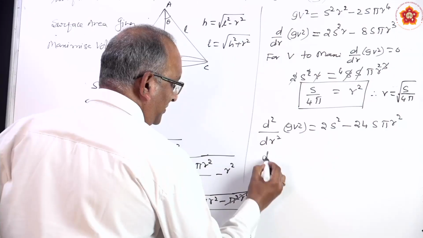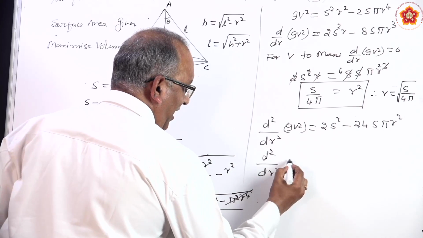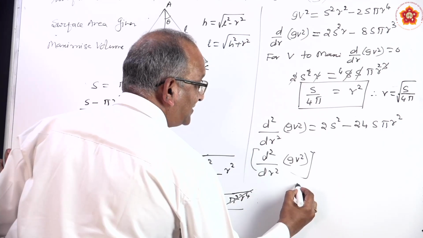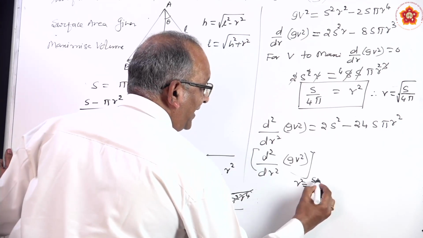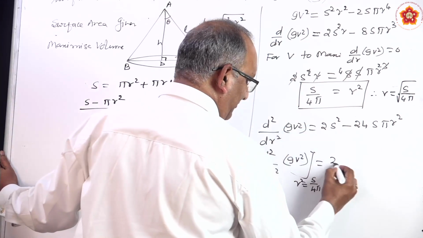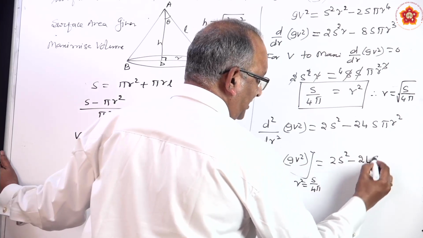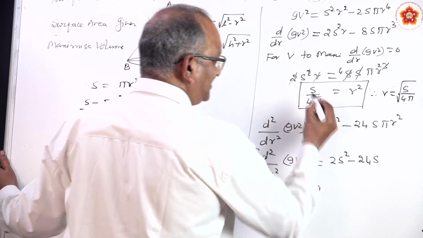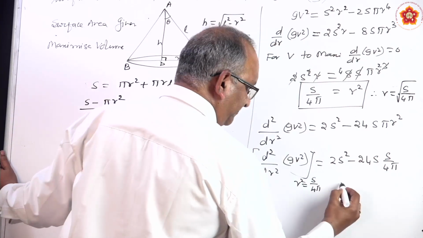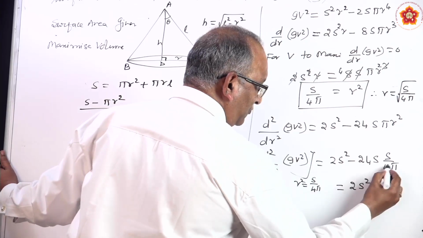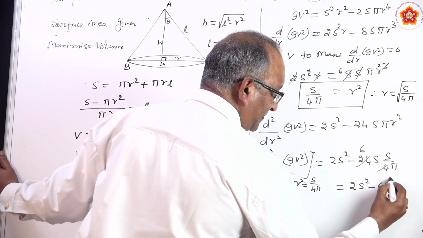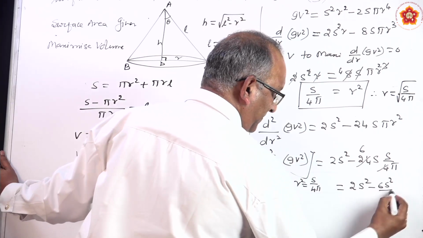We are finding out d2/dr square of 9v square at r square is equal to s by 4 pi. At this point we are finding out. So substitute. So 2s square will remain as it is, minus 24s also will remain as it is. R square value is s by 4 pi. Simplify. It is 2s square, 4 1s are 4, 6 are, minus 6s square by pi.